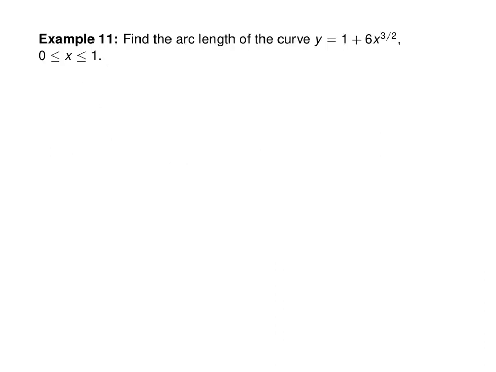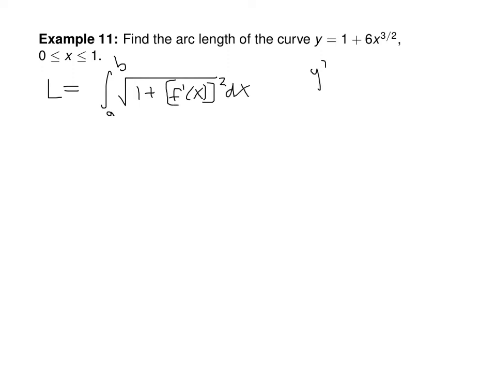So suppose we have the curve y equals 1 plus 6x to the 3 halves. We want to find the arc length between x equals 0 and x equals 1. So the formula for the length is we integrate from a to b root 1 plus f prime of x squared dx.